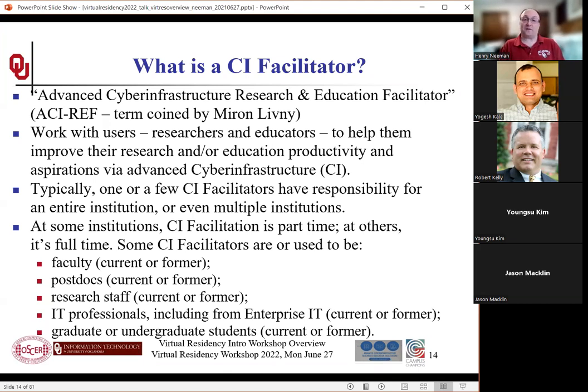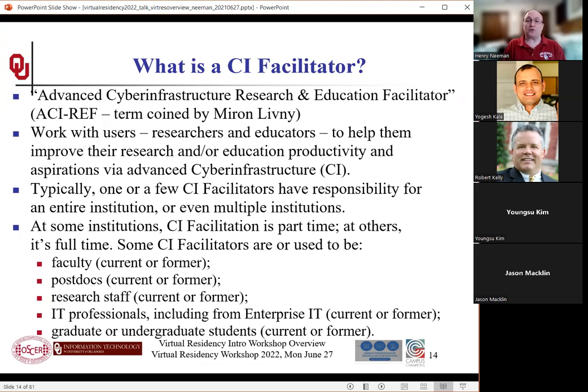So a CI facilitator is someone who works with researchers and educators, users of cyber infrastructure, to help them improve their research and education productivity and aspirations to think bigger through cyber infrastructure, and especially advanced cyber infrastructure.